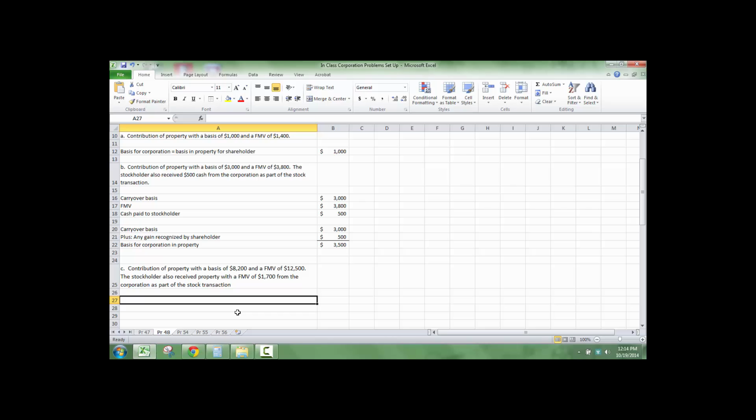Now we have a corporation that received property contributed with a basis of 8,200, fair market value of 12,500, and the stockholder also received property with a fair market value of 1,700. So we take the basis in the property, fair market value, property paid, distributed to shareholder, fair market value equals 1,700.